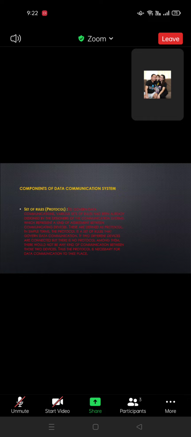The protocol is a set of rules that govern data communication. If two different devices are connected, but there is no protocol among them, there would not be any kind of communication between those two devices. Thus, the protocol is necessary for data communication to take place.